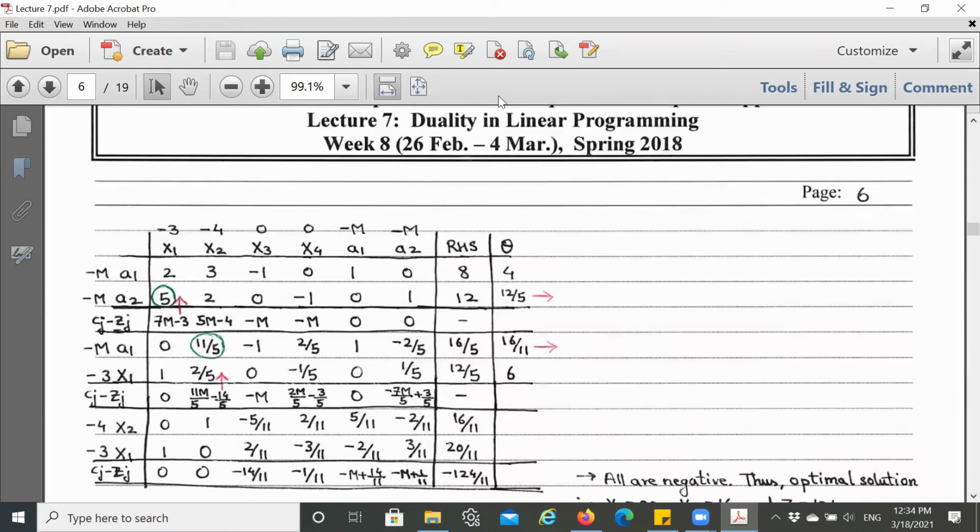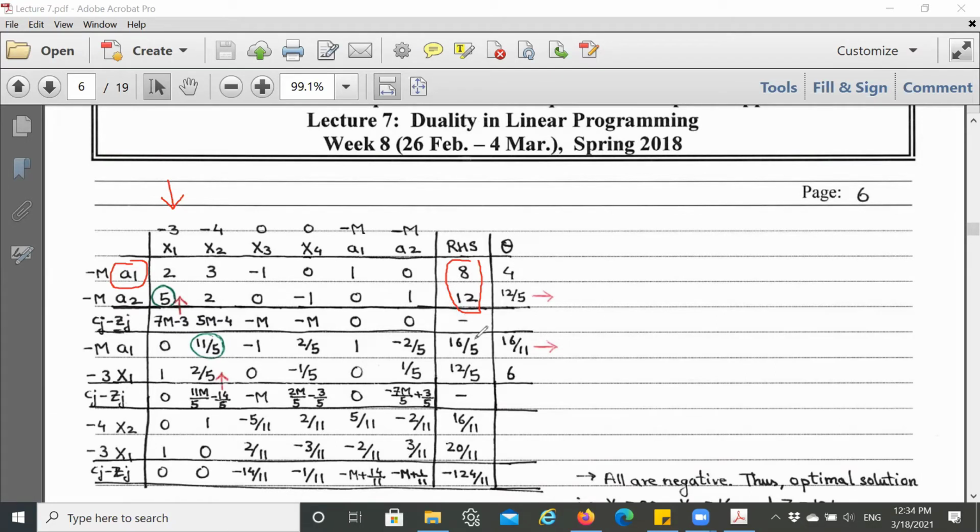So we have over here 8 and 2. This corresponds to the artificial variable A1, which is in the first constraint, and artificial variable A2, which is in the second constraint. And theta basically was the ratio between the pivot column that you choose and the number over here. So the ratio is given as theta in this table.